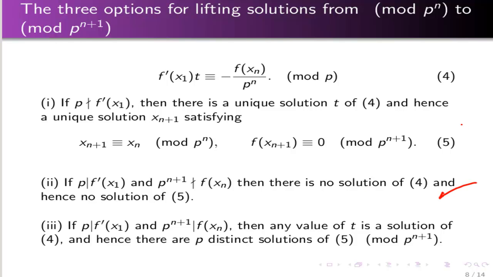That's option 2. And then finally, option 3 is when both sides of the equation are 0. So p is a divisor of the derivative, and p to the n plus 1 divides f of xn. And thus you would have p distinct solutions. t can be any integer value, and you get p distinct liftings to a congruence mod p to the n plus 1 power.